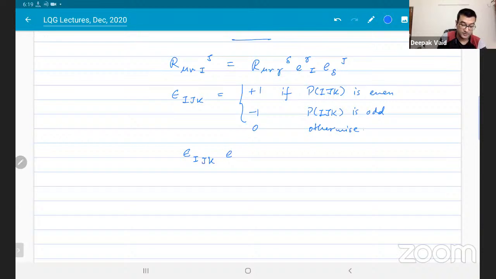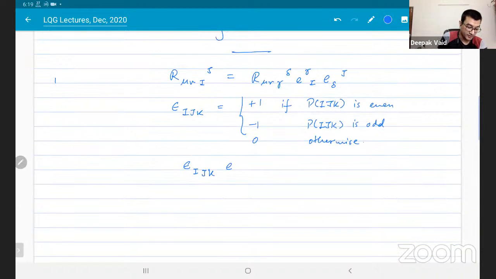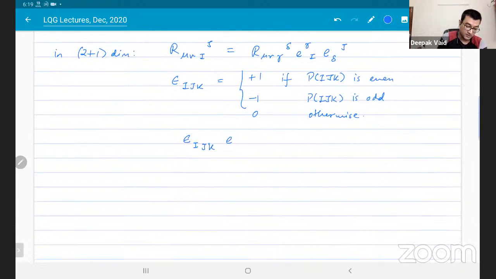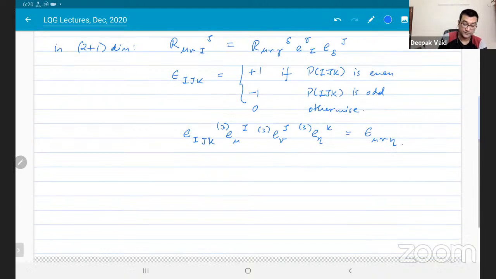Let's say that we are working in 2 plus 1 dimensions. So this is the triad, 2 plus 1 triad. Epsilon I, epsilon mu, or let's say eta, this is equal to epsilon mu nu eta.